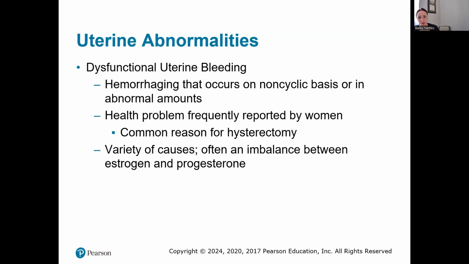Okay, so dysfunctional uterine bleeding. So this is hemorrhaging that can occur on an abnormal basis. It's a common reason for hysterectomy. If you've gone through menopause and then randomly you have bleeding, that is a sign of cancer, and you need to go to the OBGYN.